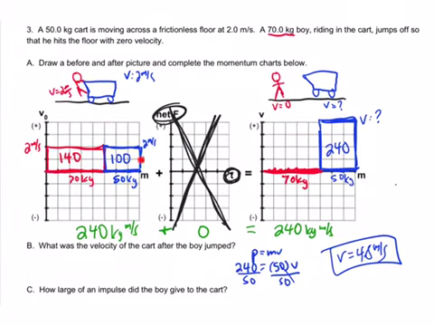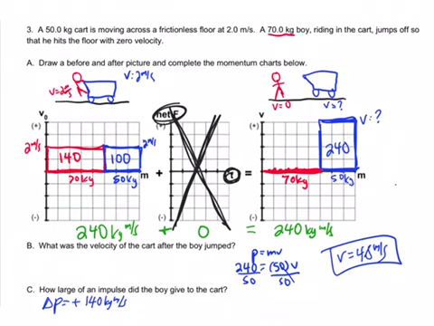So the blue had 100, and now it has 240. Right there is the change in momentum of the cart, which was that it increased by 140. That's the answer to C, that the cart by itself did experience an impulse. So that blue box did grow and it gained 140.